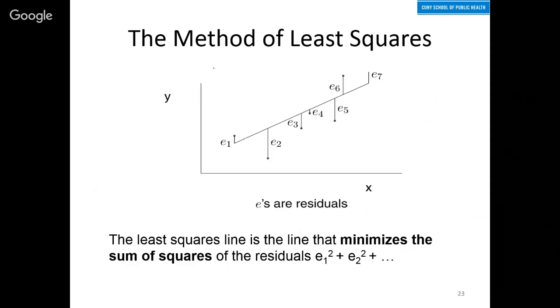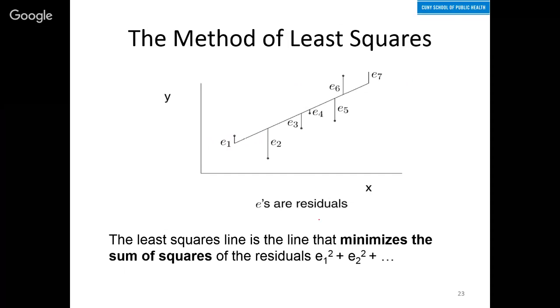There are multiple ways to estimate the slope and intercept. One is the method of least squares, where for any given intercept and slope, you can draw a regression line as you see here and calculate each of your observed residuals given that particular value of the slope and the intercept.